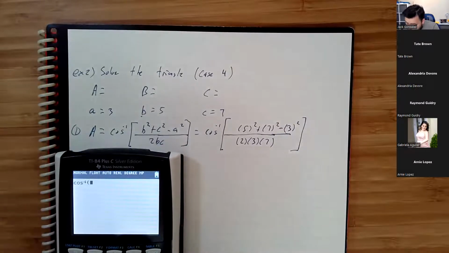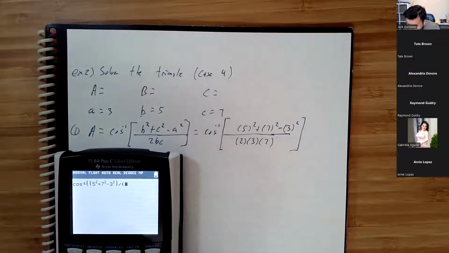So if you're not going to use the division or the fraction, you got to put the top in parentheses. 5 squared plus 7 squared minus 3 squared divided by the bottom, 2 times 3 times 7.